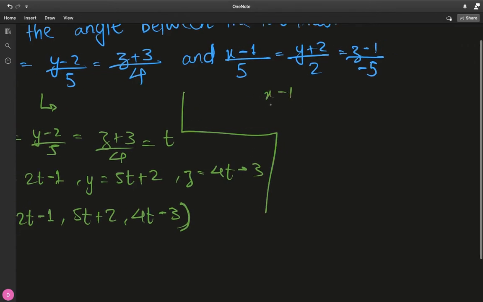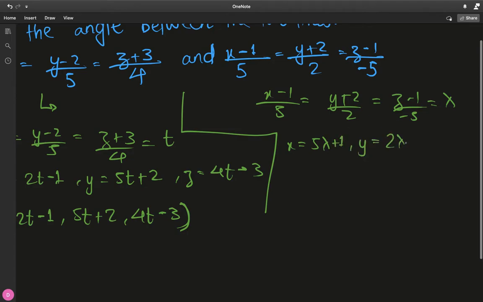So we have (x minus 1)/5 is equal to (y plus 2)/2 is equal to (z minus 1)/(negative 5). Let that equal some other parameter, call it lambda. So x is 5 lambda plus 1, y is 2 lambda minus 2, z is negative 5 lambda plus 1.